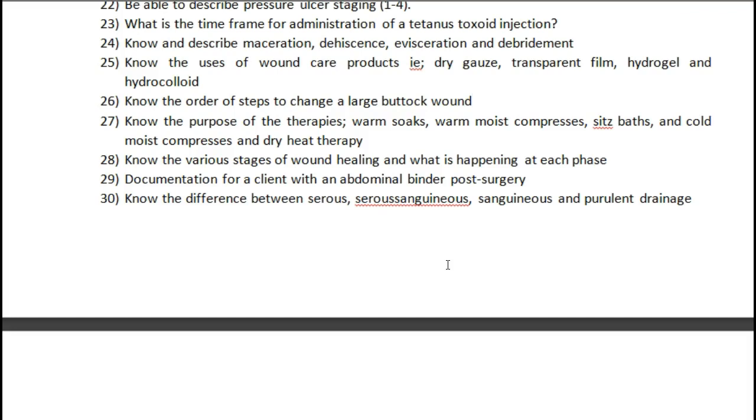So when you first go, before you do anything, you want to make sure that you always inspect your wound first, because if you don't inspect the wound, you don't know what type of treatment to do for the wound.